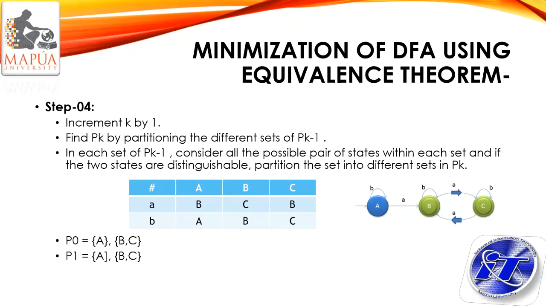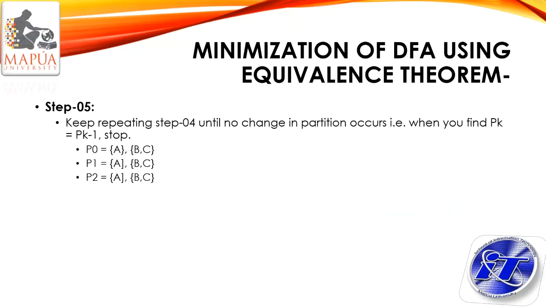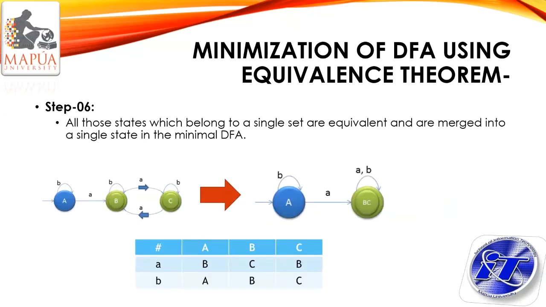Afterwards, you repeat this until you cannot separate any more states. That will be step 5: repeat this until you cannot separate any state anymore.